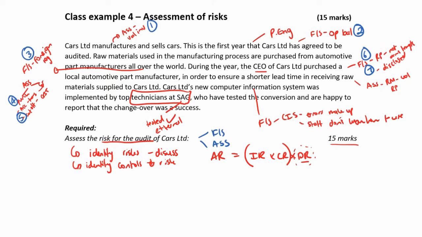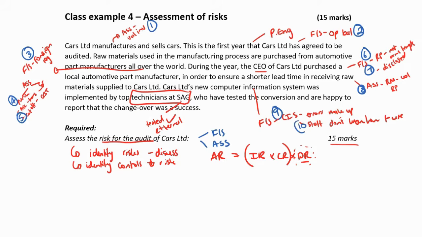Then there's the risk that raw materials are valued incorrectly because they are purchased from a related party. Ninth, risk of errors because there was a new computer information system, and when it was implemented, anything that was supposed to come through from the old may not have done so correctly.